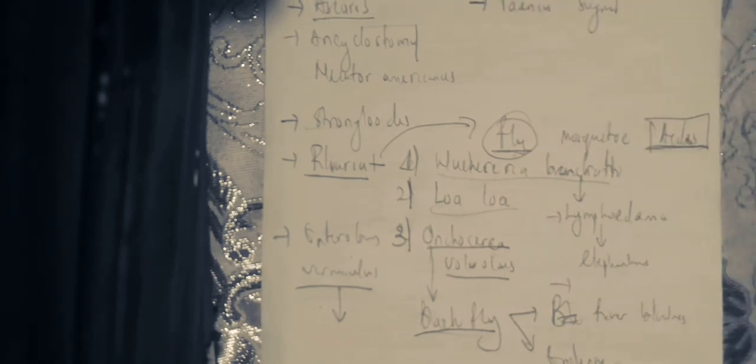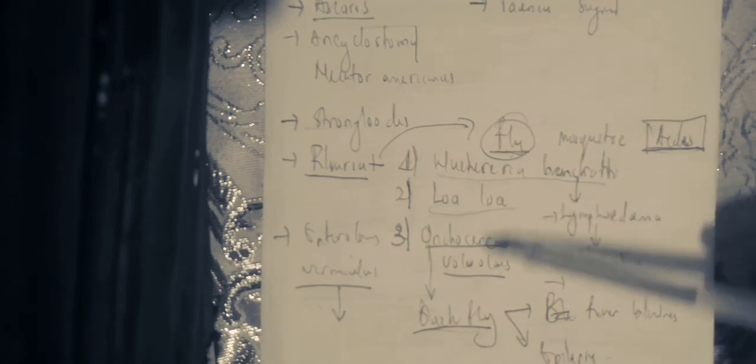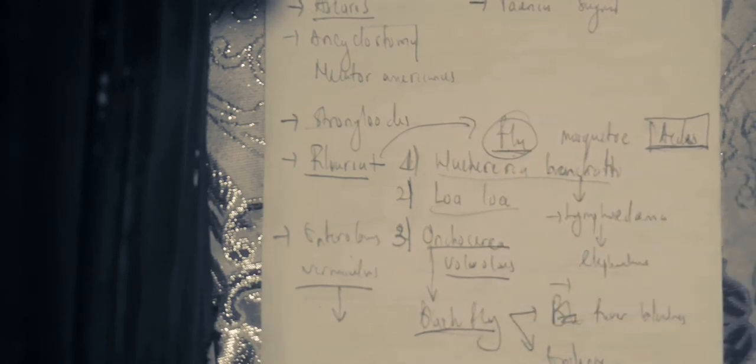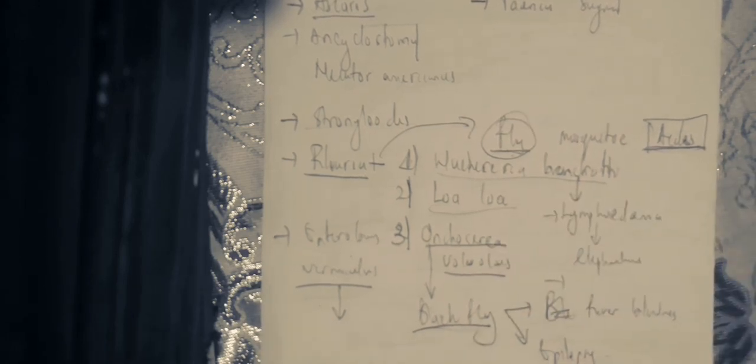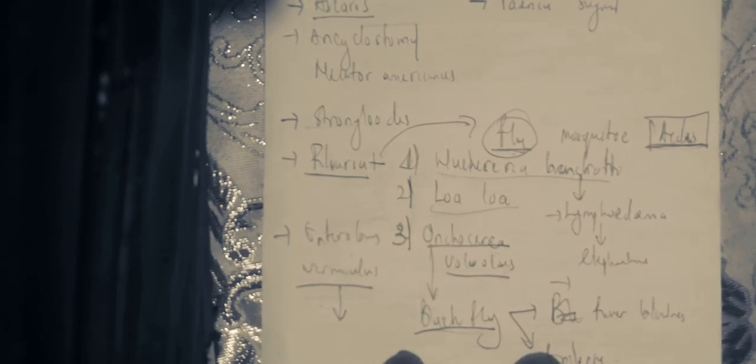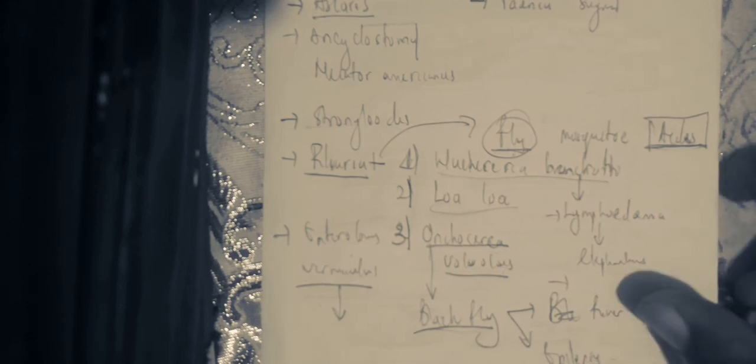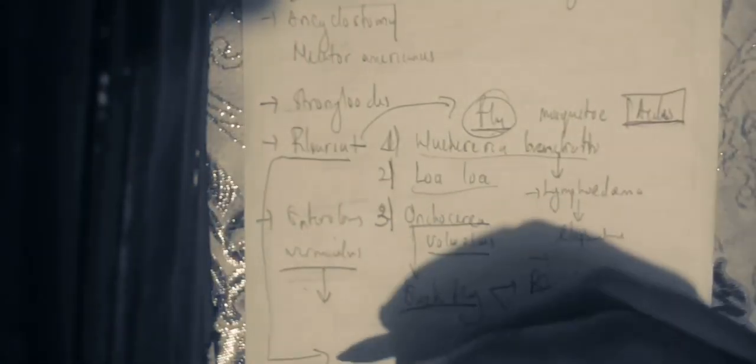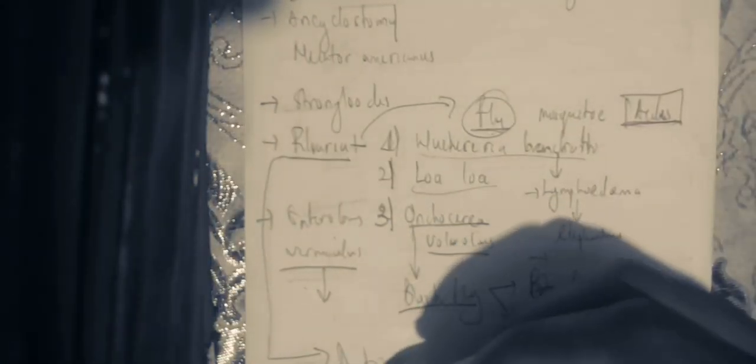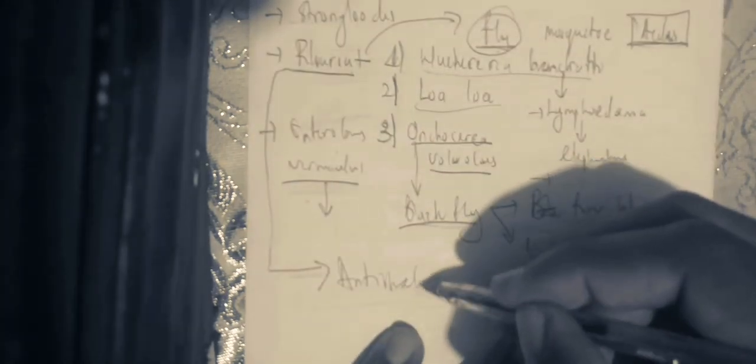With these worms, the filariasis, when you kill them with ivermectin without giving any anti-inflammatory or antihistamine medication, you can have a severe anaphylactic reaction. That is what we are afraid of when giving anti-helminthic medication against the filaria.